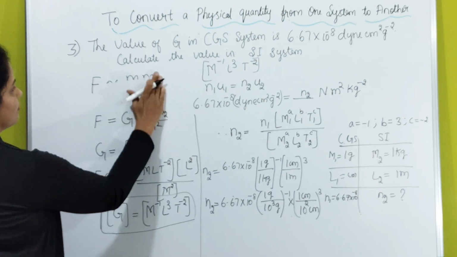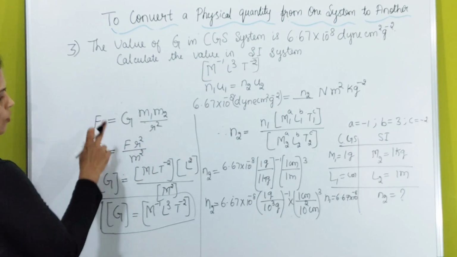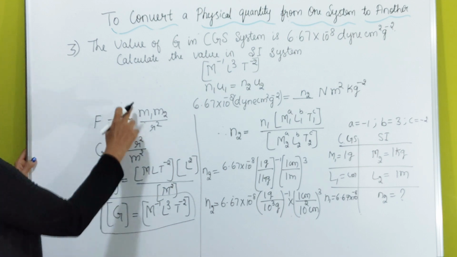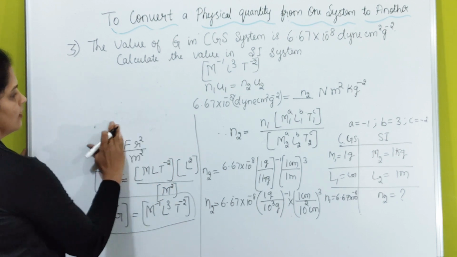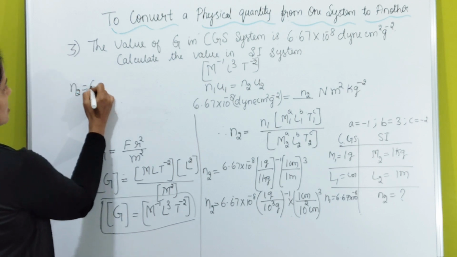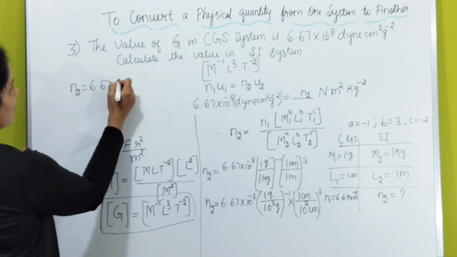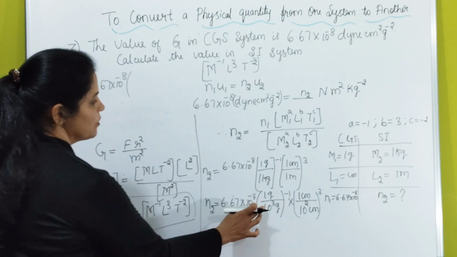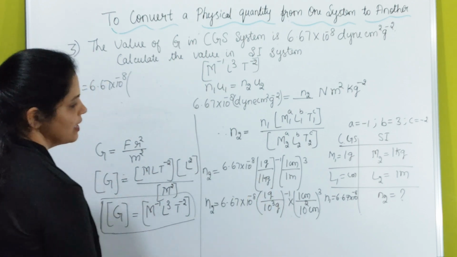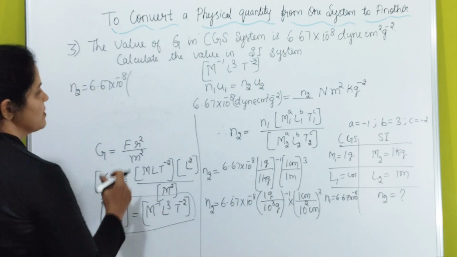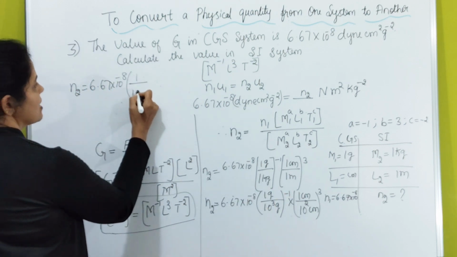Let me write here. Hope all of you copied this. Please check the video again and copy this properly. I'll continue here. N2 is equal to 6.67 10 to the power minus 8 into, see, gram cancels, 10 to the power 3 to the power minus 1. 10 to the power 3 to the power minus 1 becomes 10 to the power minus 3.